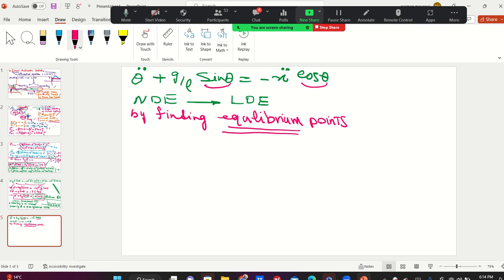At the equilibrium point, I hope that in vibration they taught you, the velocity and the acceleration of the system are 0. It means that the system is at rest. It doesn't move as it is.